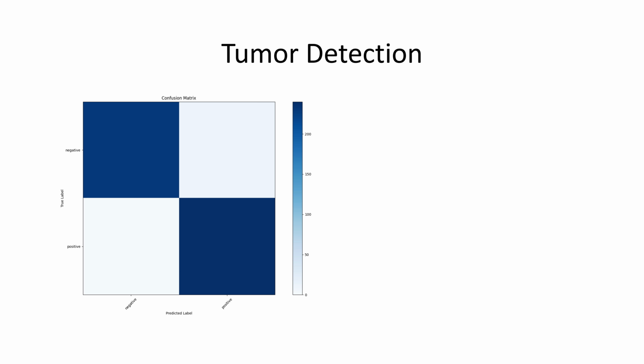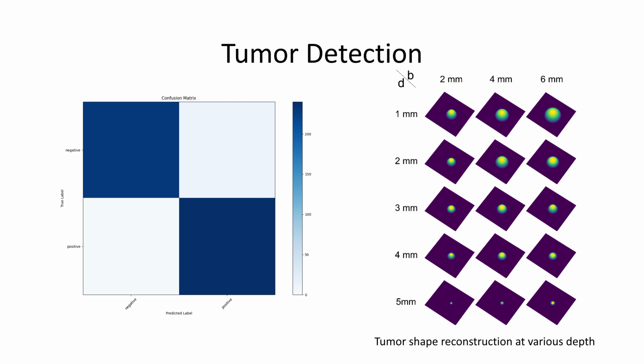The model achieves 100% accuracy on both training and test sets, proving TacScope's effectiveness in detecting tumors. Additionally, we reconstructed tumor shapes beneath the phantom skin from the tactile feedback, further enhancing detection capabilities. These results highlight TacScope's potential for robot-assisted, minimally invasive surgery, providing real-time tactile feedback for more precise interventions.